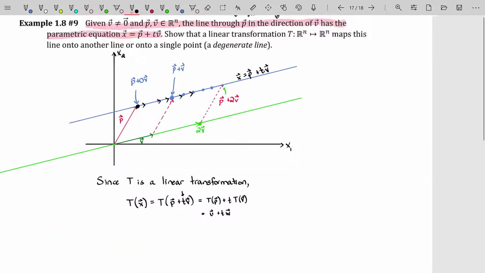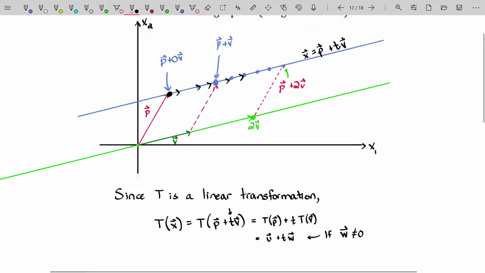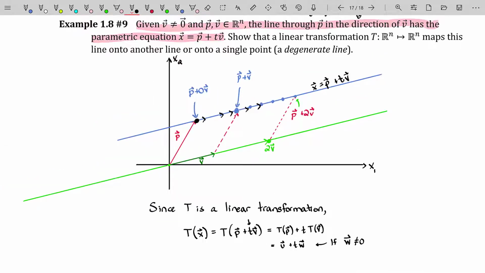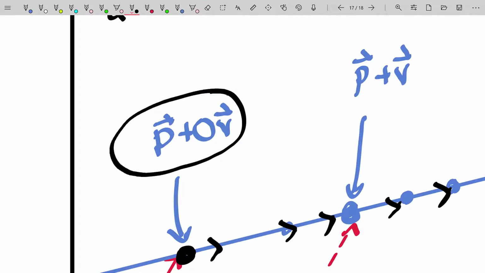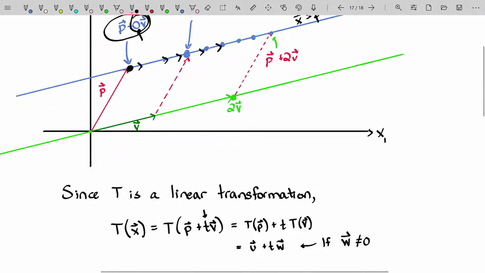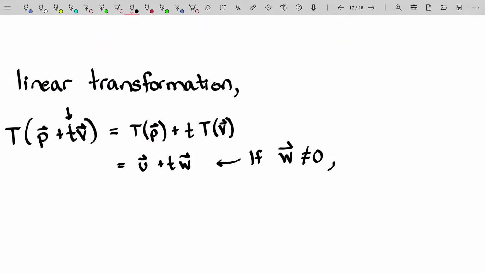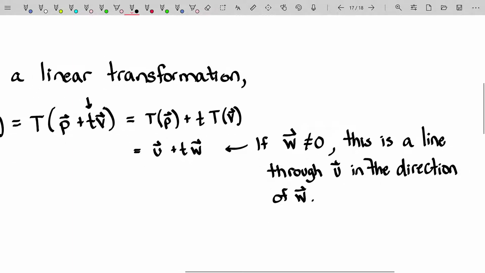So I'm going to go ahead and make a mention right now. If w is non-zero, and that's required because if w is 0, then it's very similar to this right here where the coefficient of v is 0. So it would just be the point p in space. So if w is not 0, this is a line through u in the direction of w.